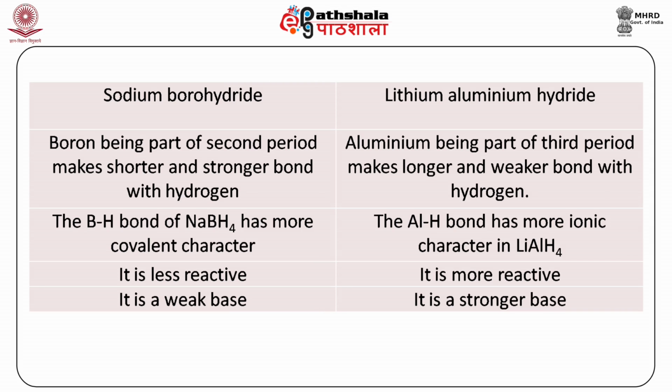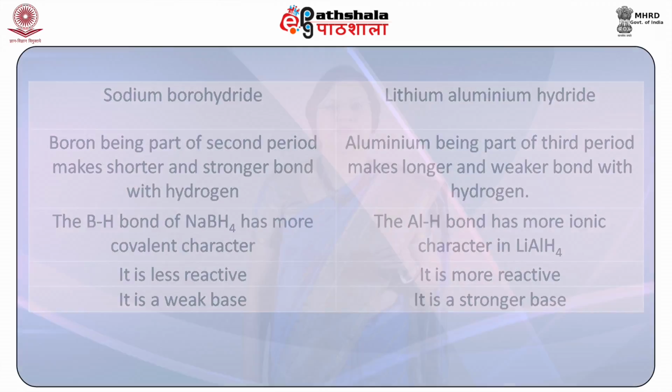As a result, the B-H bond of NaBH4 has more covalent character, while the Al-H bond in lithium aluminium hydride has more ionic character. Sodium borohydride is less reactive compared to lithium aluminium hydride, which is more reactive. In terms of basic strength, sodium borohydride is a weak base, while lithium aluminium hydride is a strong base.